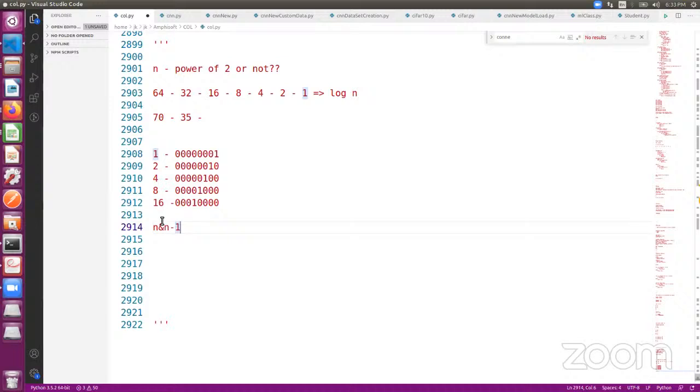So if it's a power of 2, n and n minus 1 will always be 0.